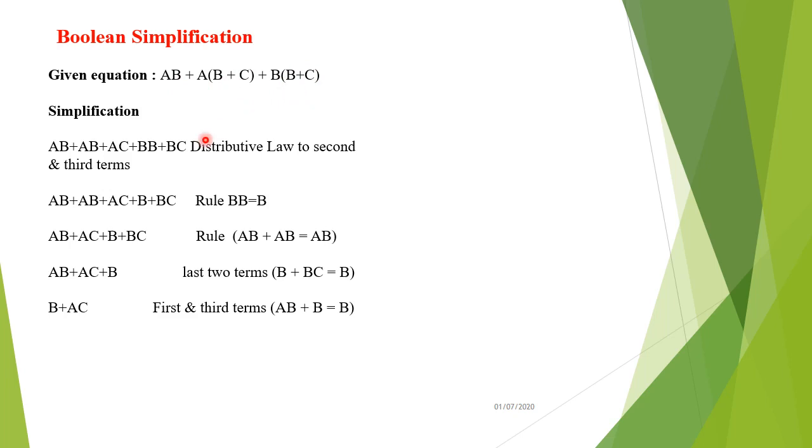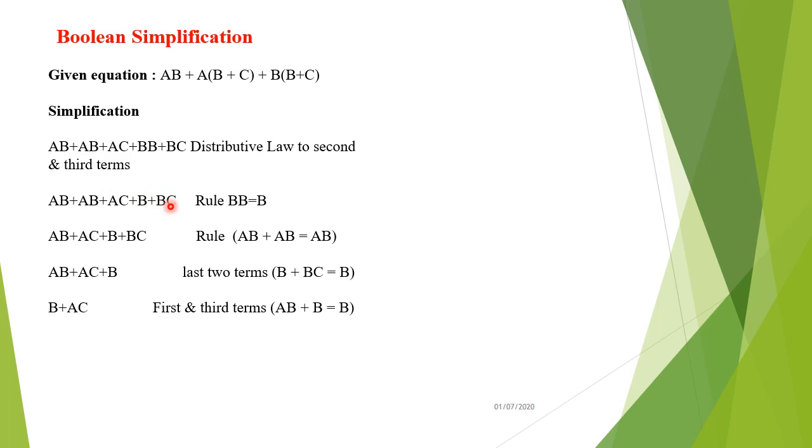Now we know that whenever the same variable is ANDed with itself, the result is that variable, B. By application of that rule, the fourth term gets reduced to B. All other components remain the same.